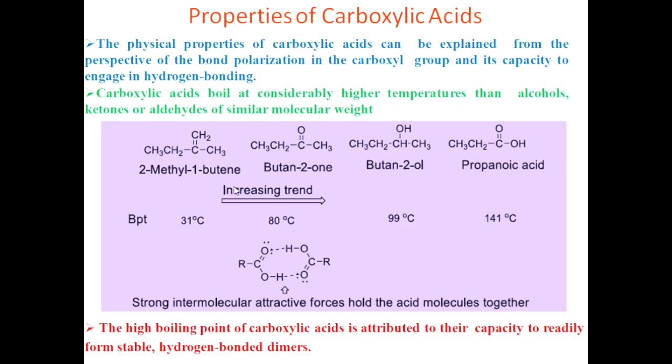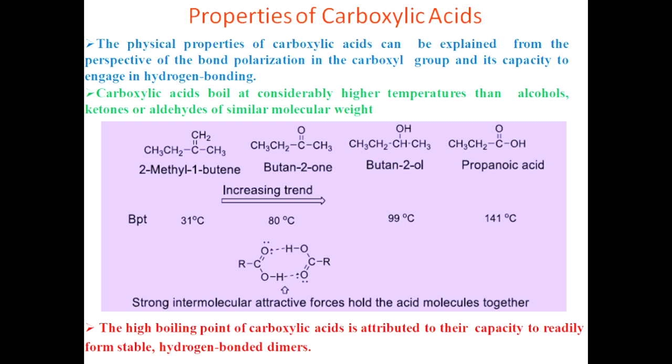For example, if you see the example here, 2-methyl-1-butene is an alkene which contains 5 carbons, whereas butan-2-ol has 4 carbons, then butanol, and then propanoic acid. In these 4 compounds we can see the boiling point increasing from 31 degrees to 141 degrees. Carboxylic acids have higher boiling points.